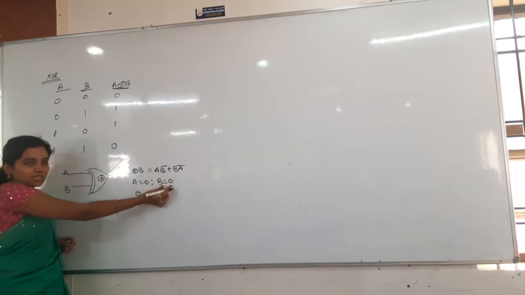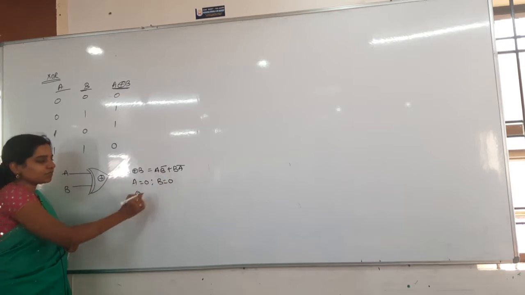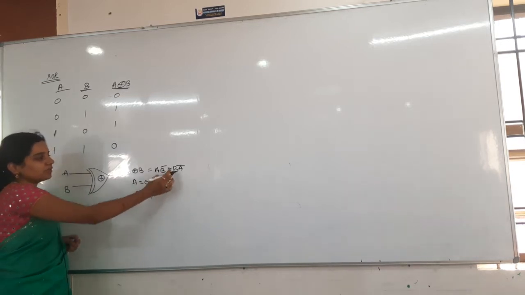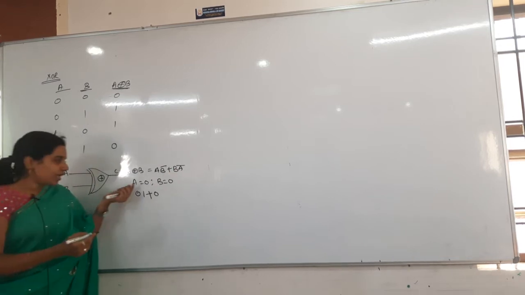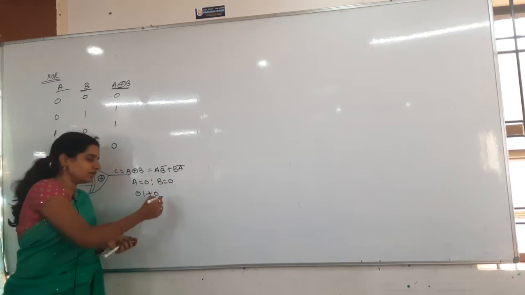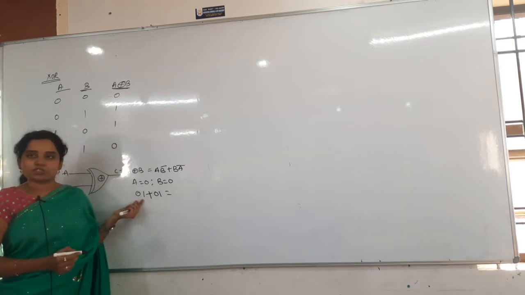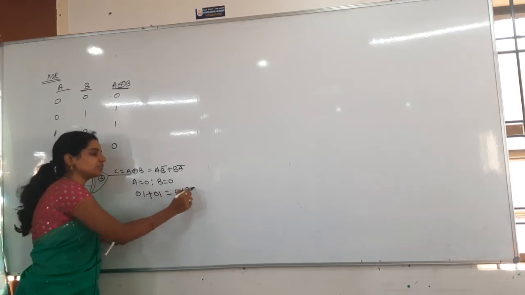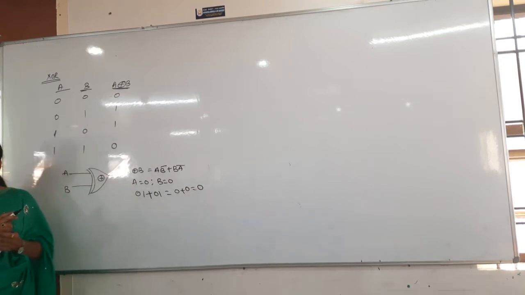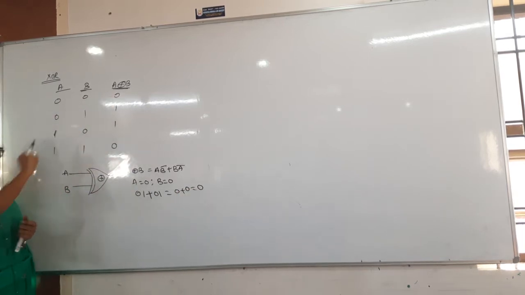B bar: B is 0, bar is 1. Plus BA bar: B is 0, A bar is 1. So 0 into 1 is 0, and 0 into 1 is also 0. 0 plus 0 is 0. That is the answer. The first answer is 0, we got it correct.